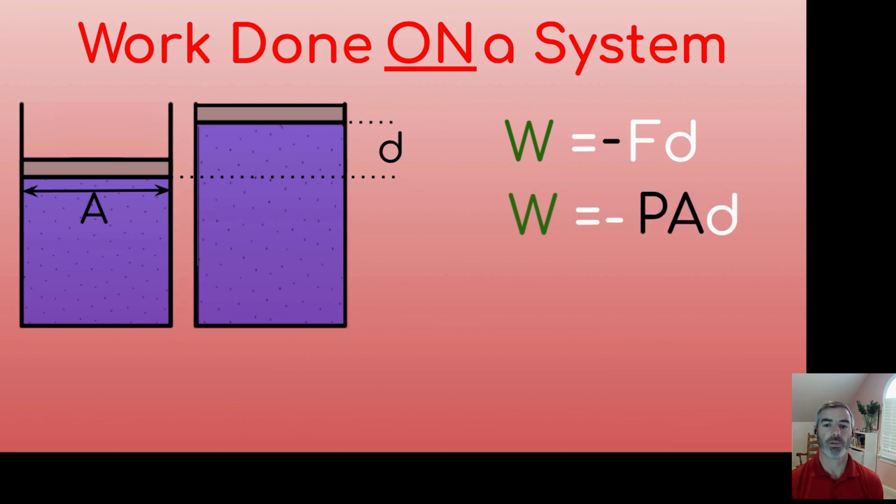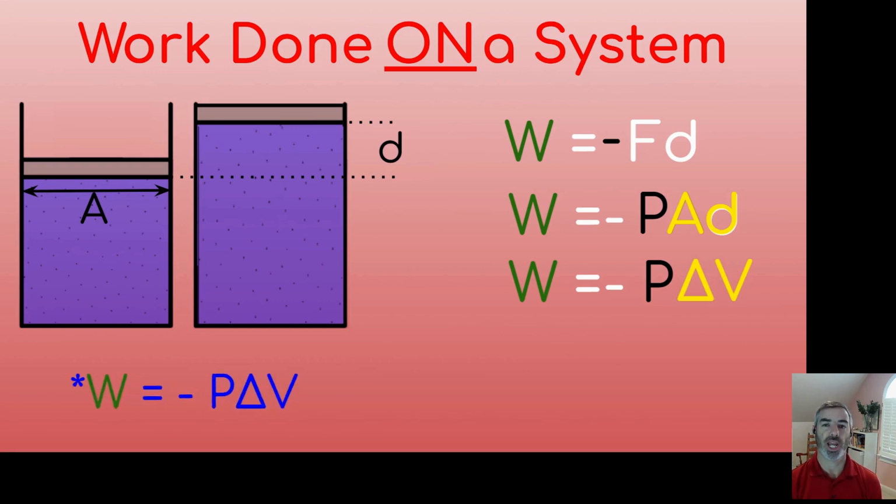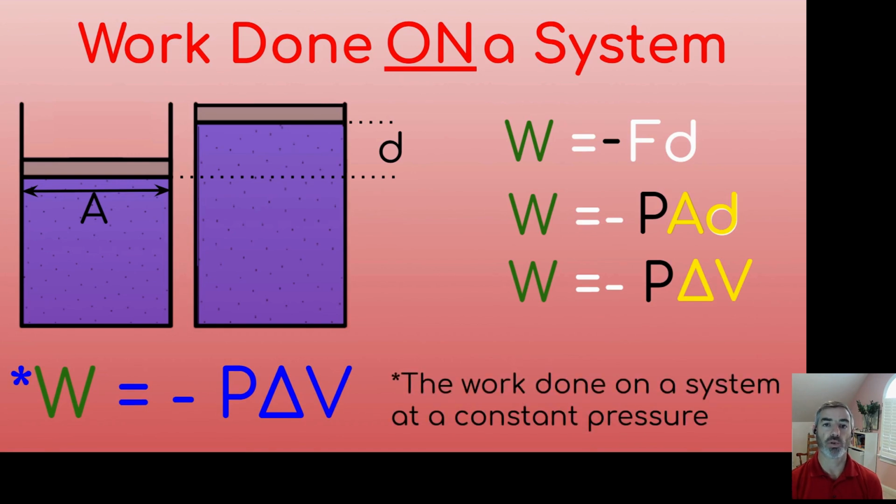So we can substitute P times A in for force. Now we also know that that cross-sectional area times the change in distance is just going to give us a change in volume. So work can be calculated by the negative pressure times the change in volume.